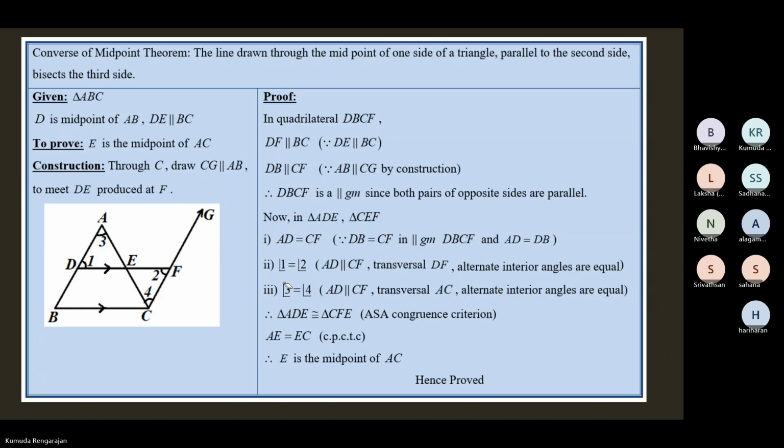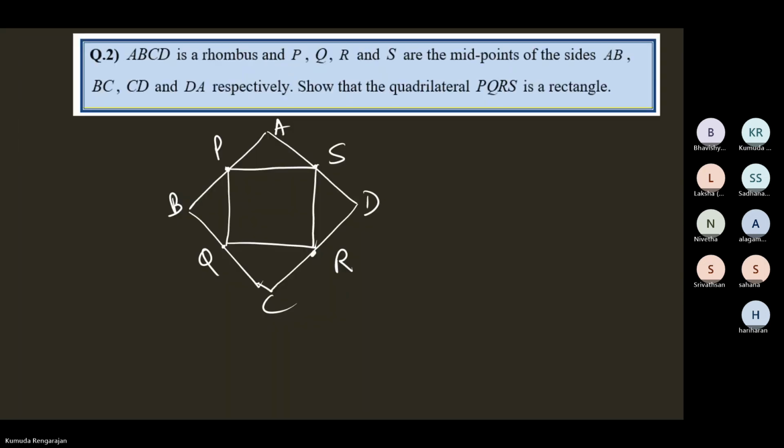Okay. So to prove that PQRS is a rectangle, we need to first prove that PQRS is a parallelogram, because a rectangle is a parallelogram in which one angle is equal to 90 degrees. For that you need to join one of the diagonals, AC or BD.